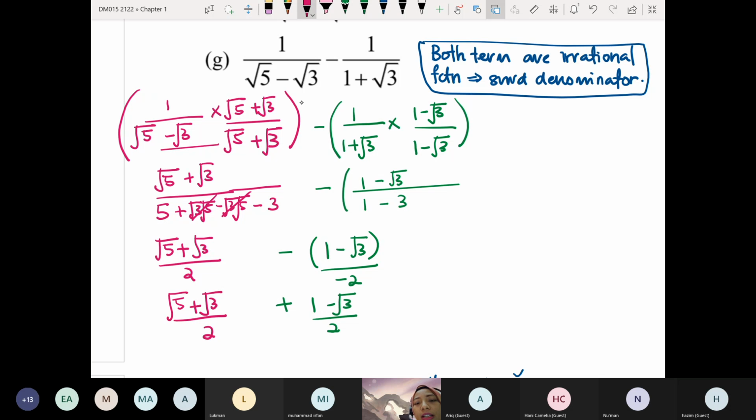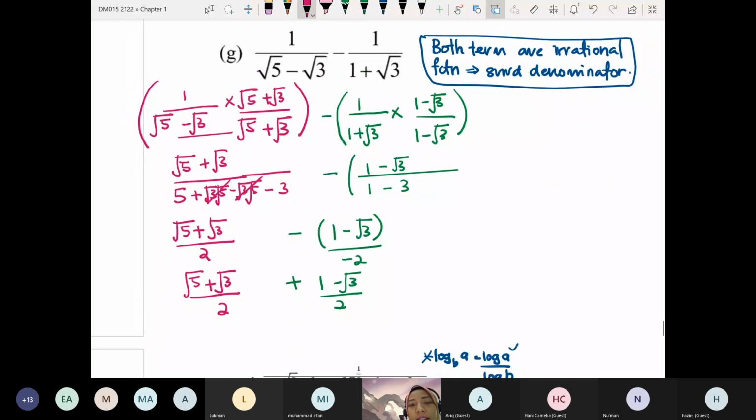Sebab dia dah dia punya denominator tu sama, kita boleh straight away kira lah. Okay. Ini semua kena buat equal kat sini. Equal, equal, equal.